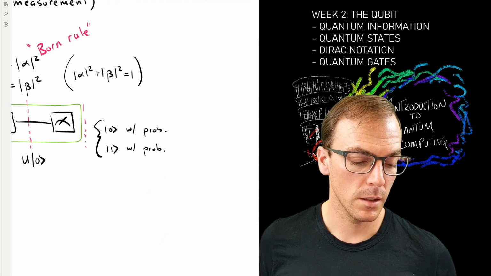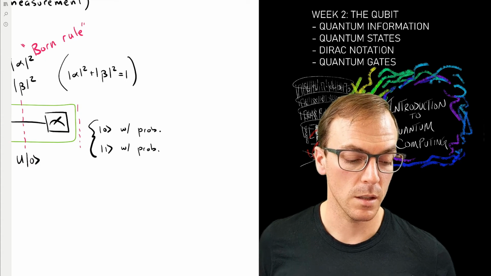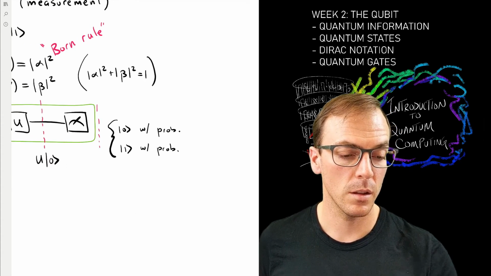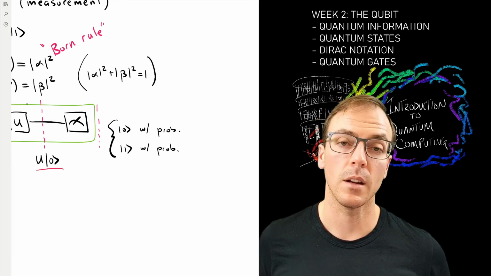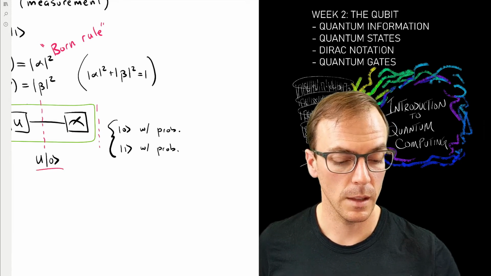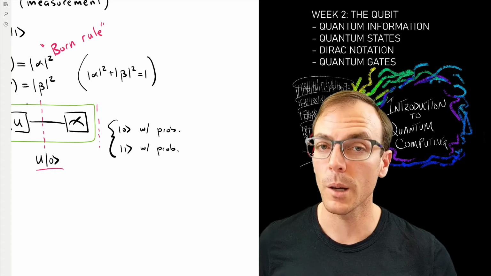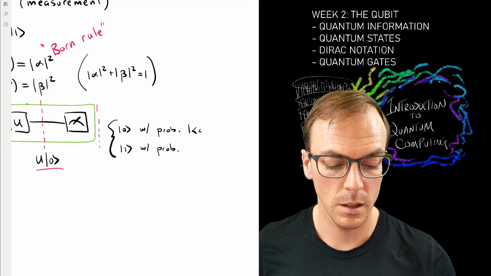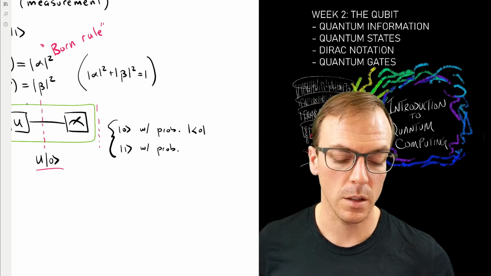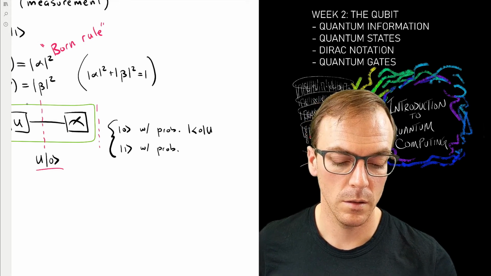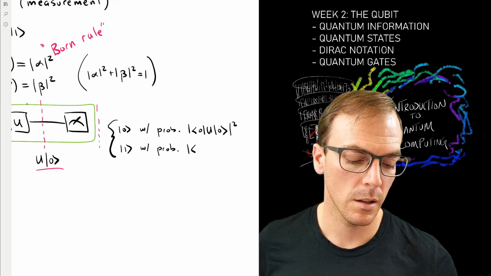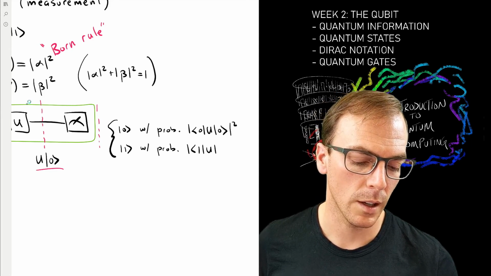The first one is the coefficient in front of the 0 of this vector down here. How is that specified? The modulus squared, remember? So I'll write down the modulus squared now. It's the coefficient in front of the 0 vector. And down here, it's the coefficient in front of the 1 vector.